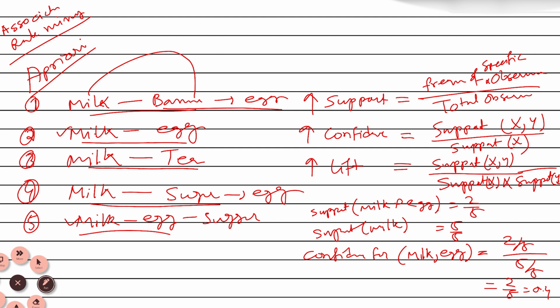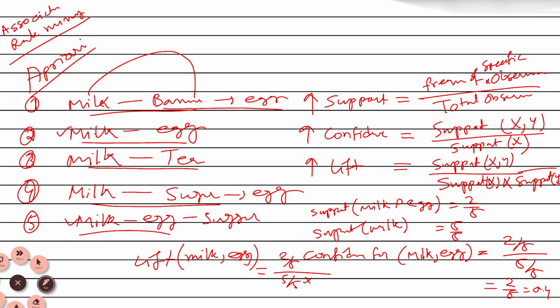And I can similarly calculate the lift for the same thing. So the lift of milk and egg is equal to, we have already calculated the support for milk and egg, that is 2 by 5, divided by the support of x, that is 5 by 5, into the support of y, that is egg.